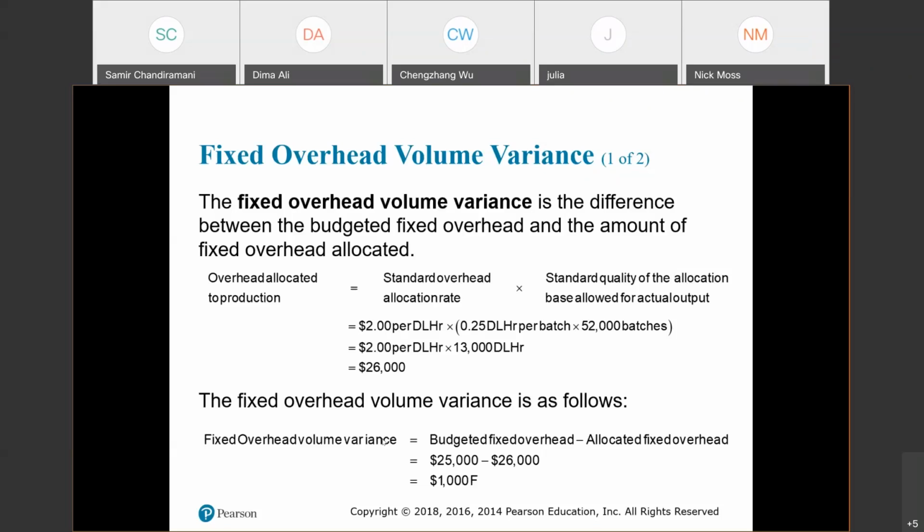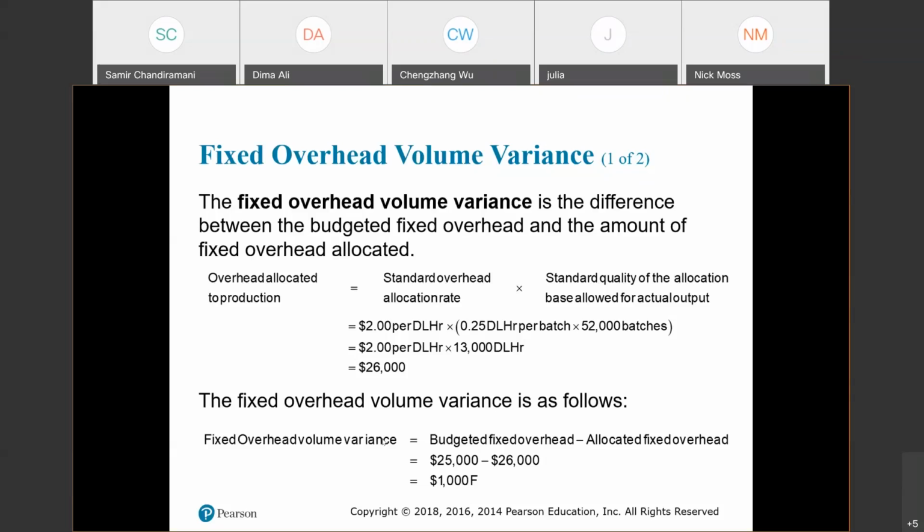Using the standard overhead allocation rate previously calculated, fixed overhead is allocated at $2 per direct labor hour, and each batch has an efficiency standard of 0.25 direct labor hours per batch. So the amount of fixed overhead allocated is $26,000.